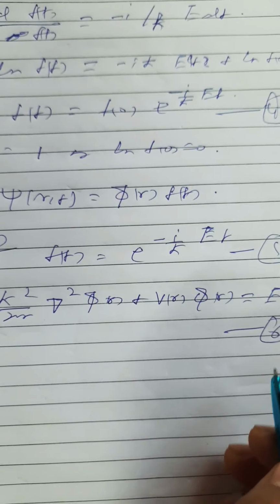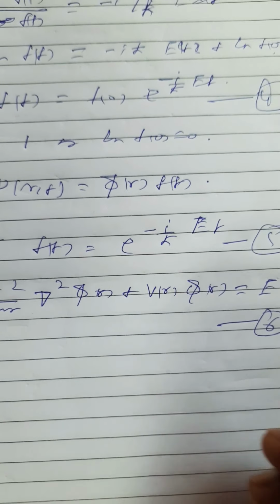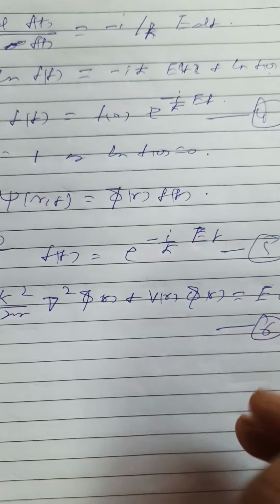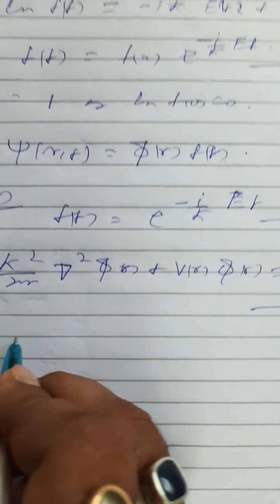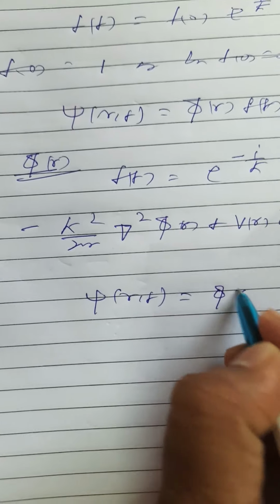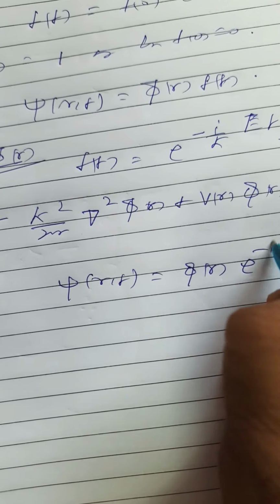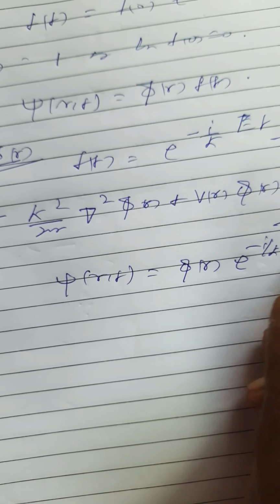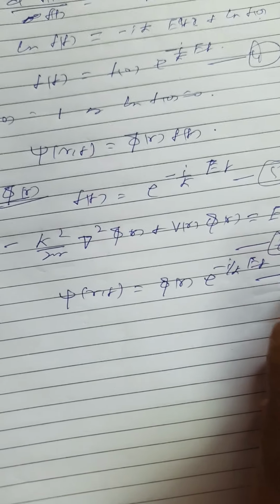And the solution of the Schrödinger equation 1, which we have used earlier, can thus be written as ψ(r,t) = φ(r) e^(−(i/ħ) E t). This is equation number 7.